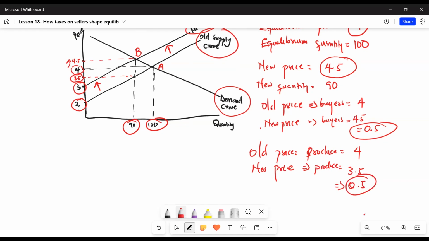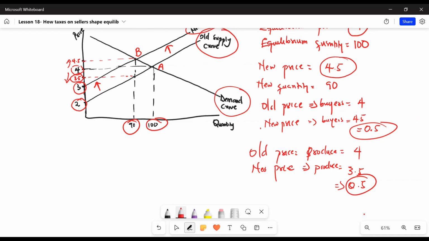So the effect of the tax is such that the price buyers pay after the tax rises by 0.5, that is from £4 to 4.5, and the price that sellers receive after the tax also falls by 0.5, that is from 4 to 3.5 pounds. Now some things to note about this example are that the tax leads to a decline in quantity sold.